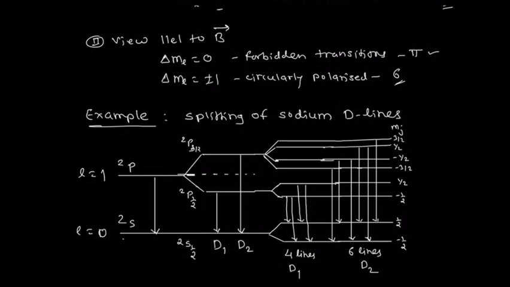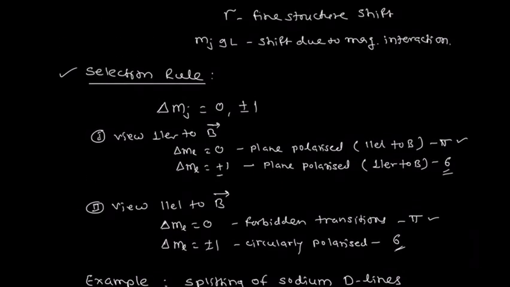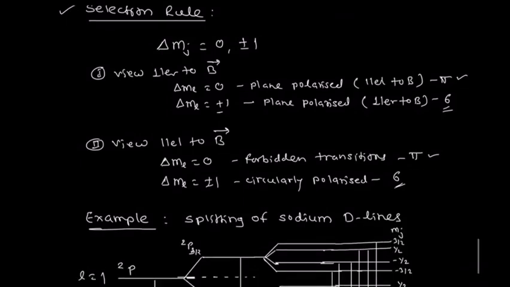D1 is the transition due from doublet P half to doublet S half. This is D1. And doublet P 3 by 2 to doublet S half, that is D2. But that D1 line again splitted due to magnetic interaction. That means this is due to term shift due to magnetic interaction MJGL.